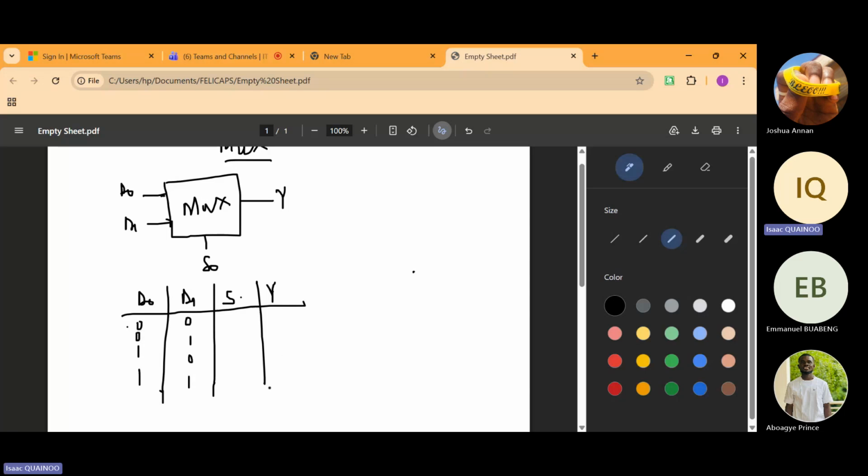Our select line determines which particular data line will be routed as our output, or forwarded as our output.